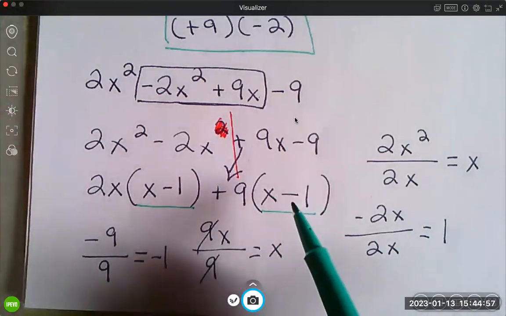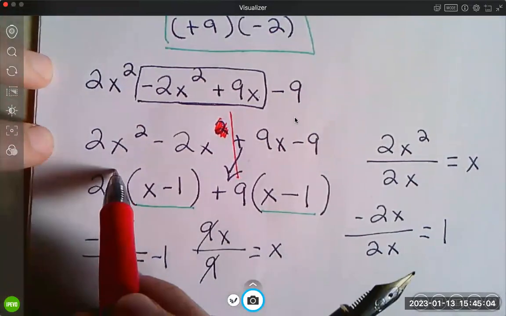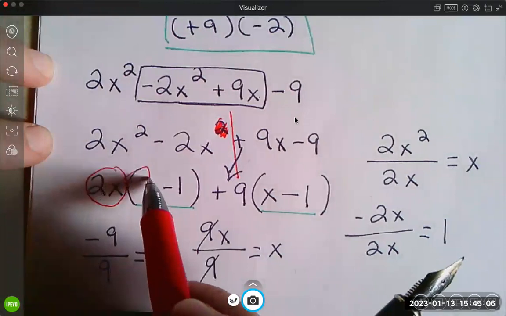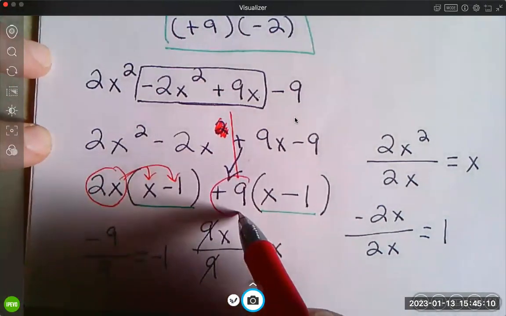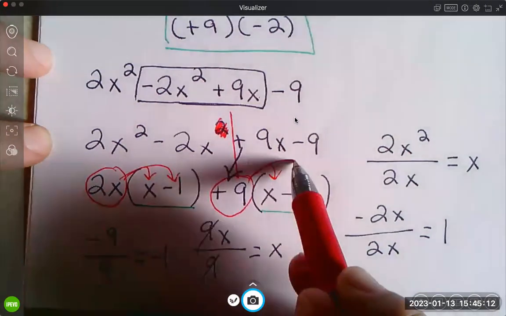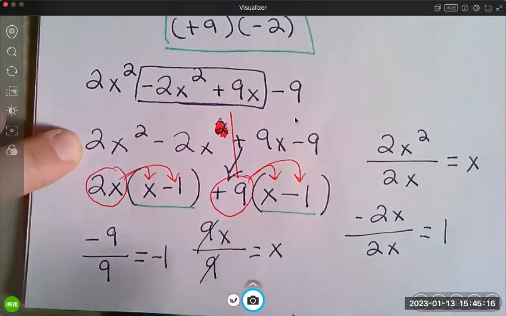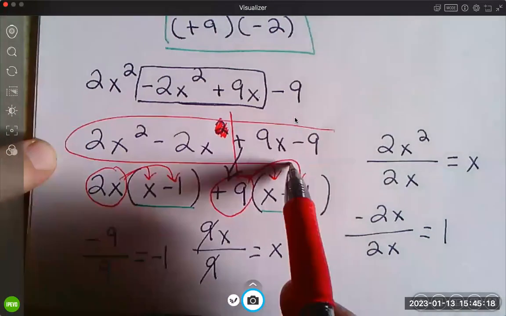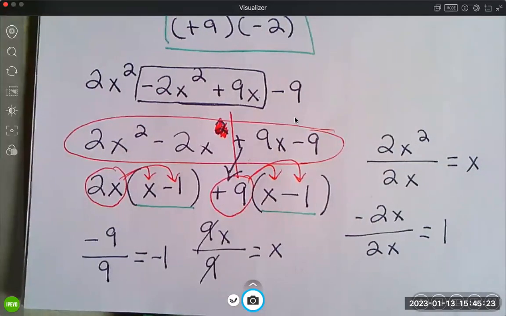And at that point, what you're going to need to do is redistribute and multiply each section, each side, and it should equal this. And if it doesn't, then you'll see what you did wrong. Okay.